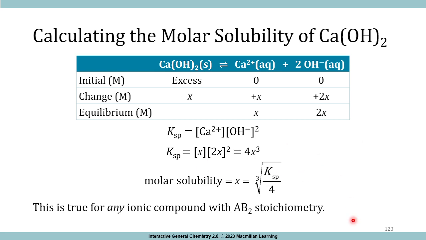So this is actually true for any ionic compound that has the same stoichiometry, if it's an A and B2. So if you have 2 anions, 1 cation, this is always true for that. Okay? You can actually solve these down into formulas if you'd like. I would not actually recommend memorizing the formula to try to do it that way.